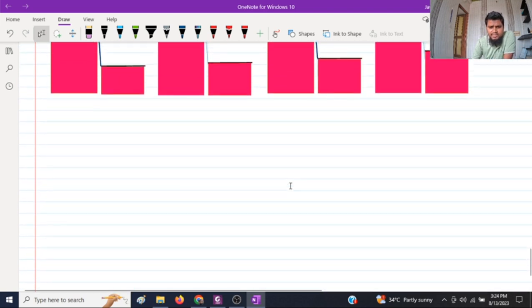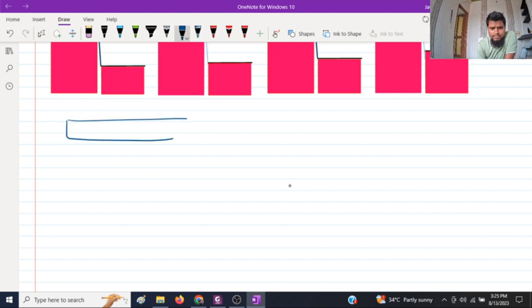So let's understand how this tunnel diode works. Before I start, this is not a normal PN junction diode. Here the N-type and P-type doping are quite high.